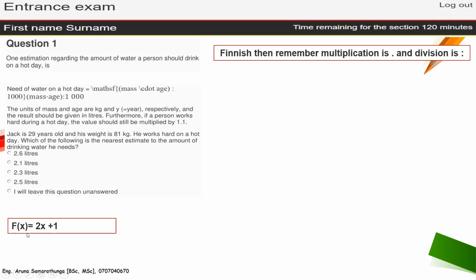The normal way of a simple formula: if it's like f(x) equals 2x plus 1, this is a sample of a normal formula. If we put x here, that x is going to appear here also. The same thing happens here. You know now this is a function, the f function.